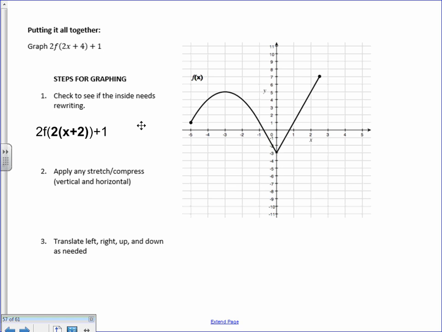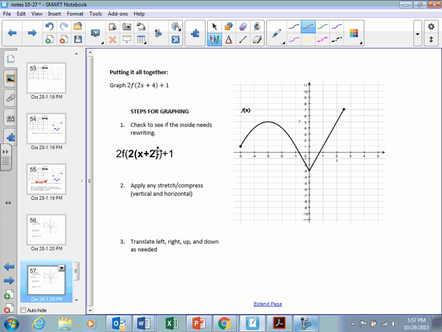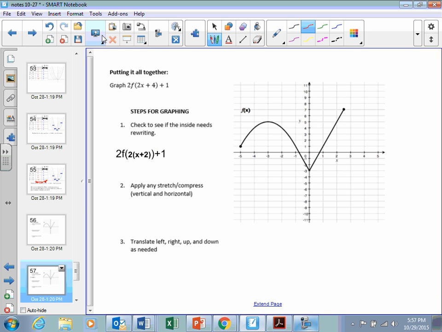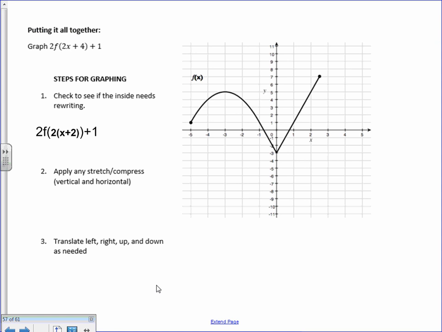All I've changed is instead of writing it as 2x plus 4, I'm going to rewrite the inside to make it show me the transformations. Maybe I should make this a smaller font so it looks better. Let's see if that works. Oh, that kind of works. So I've rewritten just the inside.